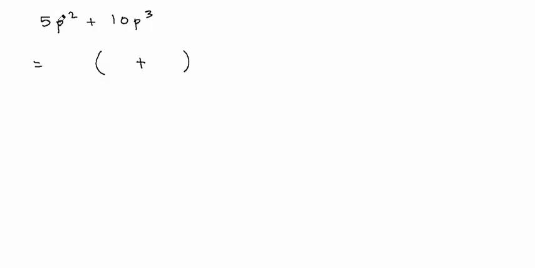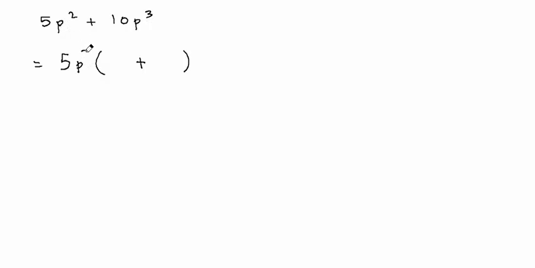Now because the GCF between the constants is 5, I'm going to take a 5 outside, and then also p squared, or p raised to the second power, is p times p, and then p raised to the third power is p times p times p. So at least there are 2 p's in both of them, and that becomes the GCF, the p squared.